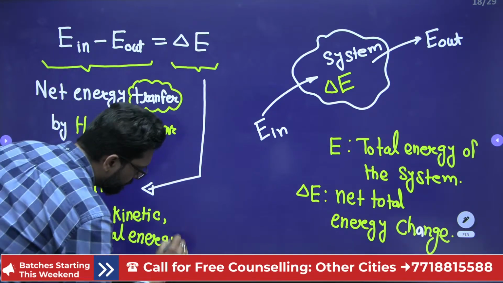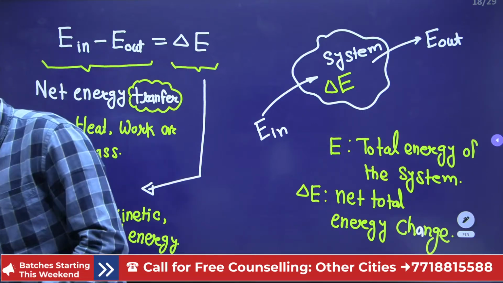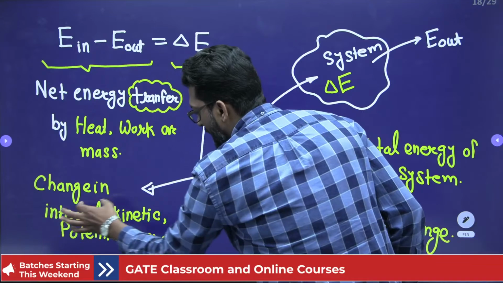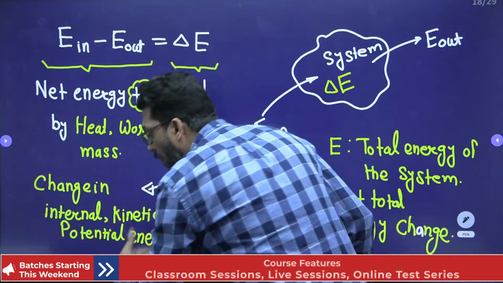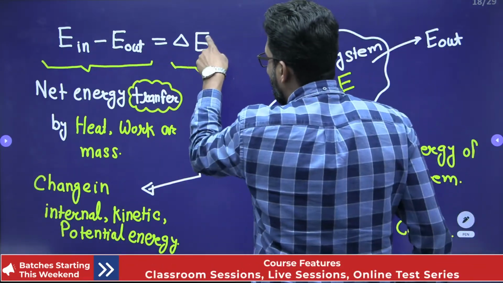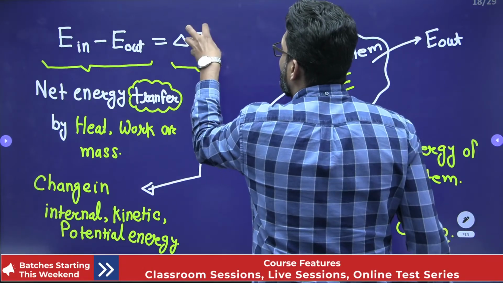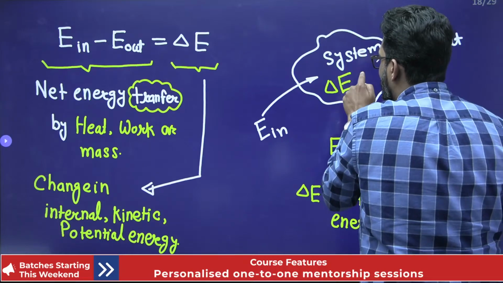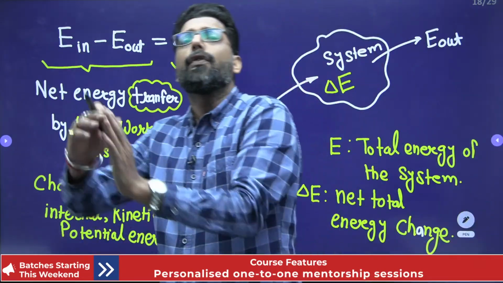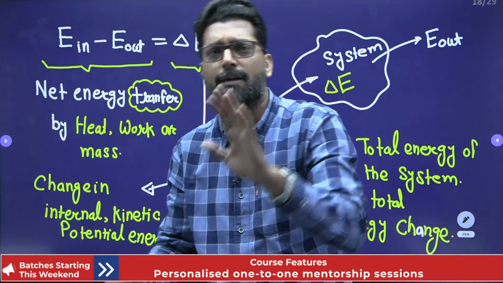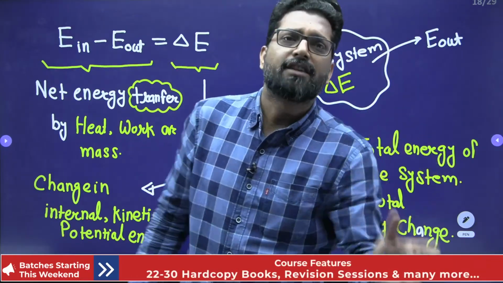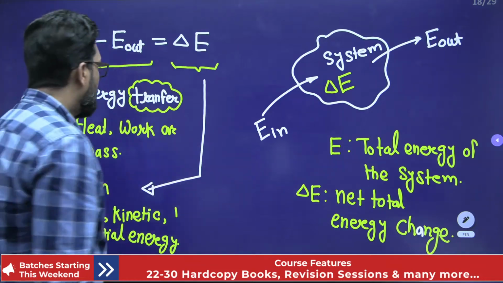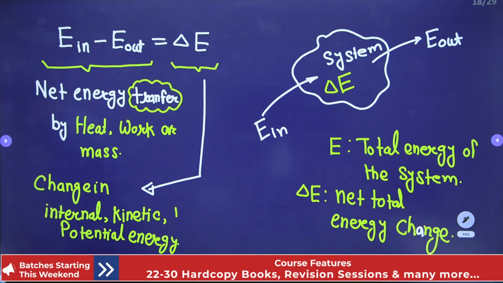This change is either in the form of internal energy, kinetic energy or potential energy, or all of these. That means this energy E contains the total energy either in the form of internal energy, kinetic energy and potential energy, and other forms of energy like magnetic and electrical, but we can neglect them as compared to these variables. So this is clear, okay, no problem at all.